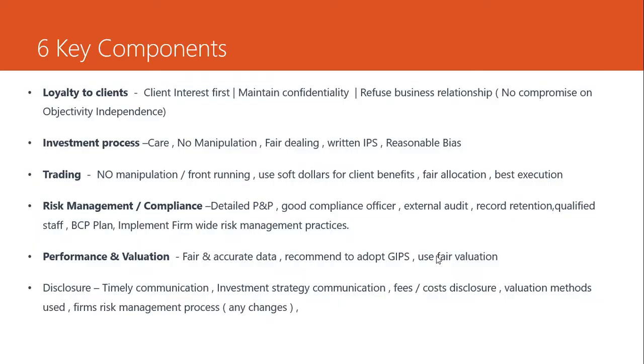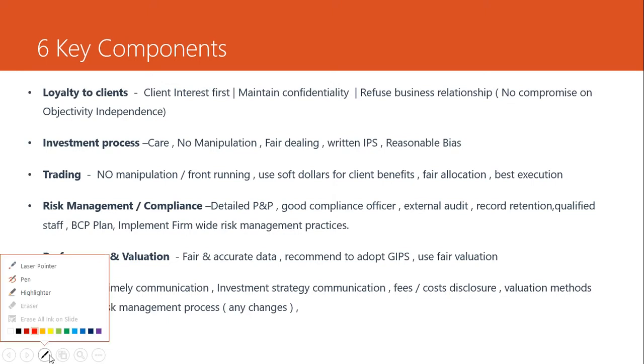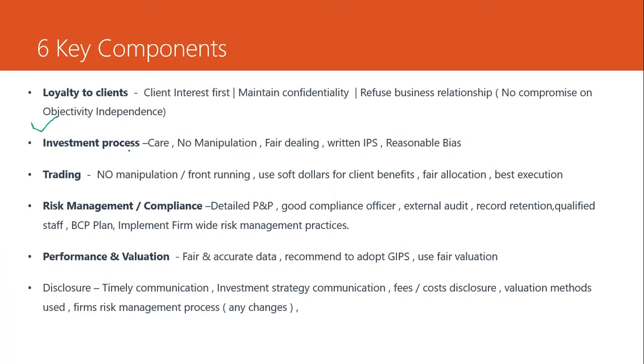Some important points. There are six key components on which the AMC is laid. First is the loyalty to the clients. It's common. We have read this across the CFA ethics chapter. So, clients' interest first, confidentiality, no compromise on objectivity. Investment process, fair dealing, no manipulation, reasonable bias.